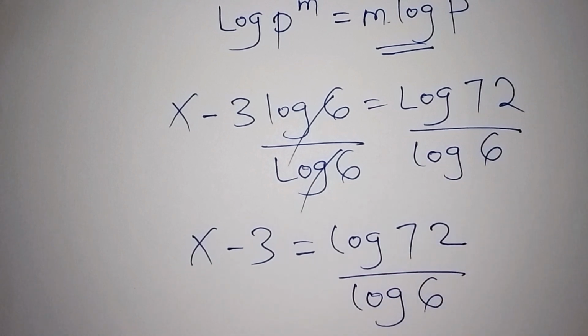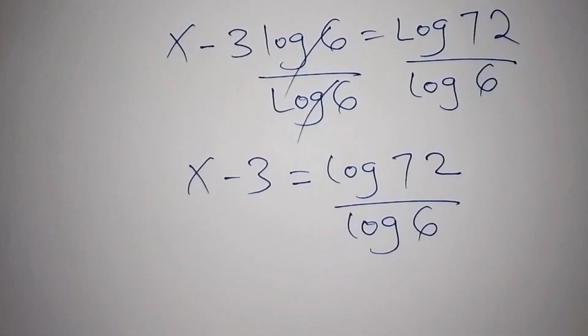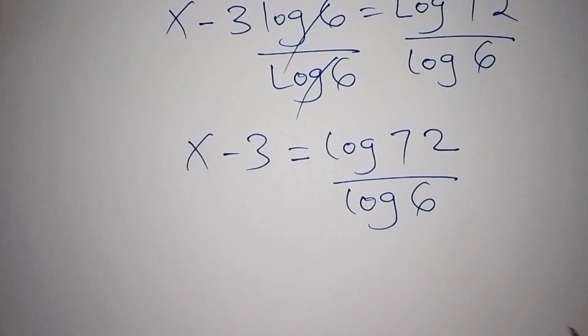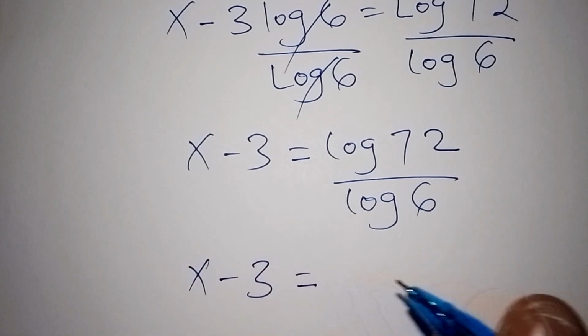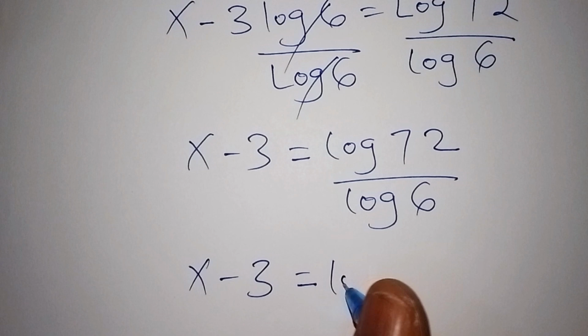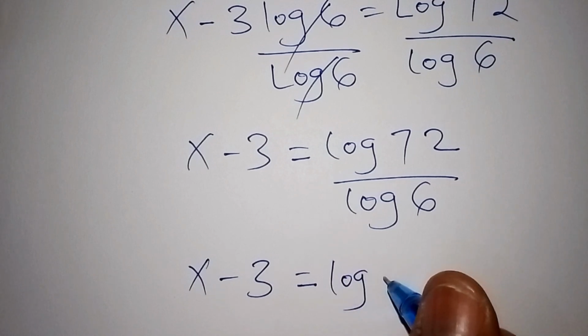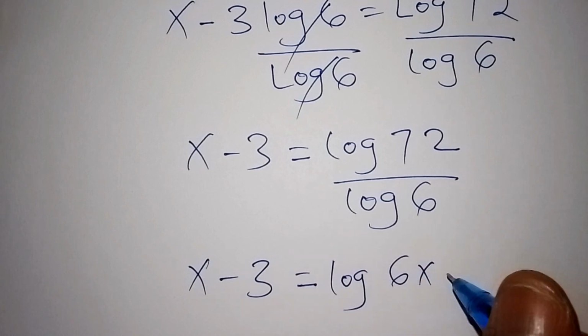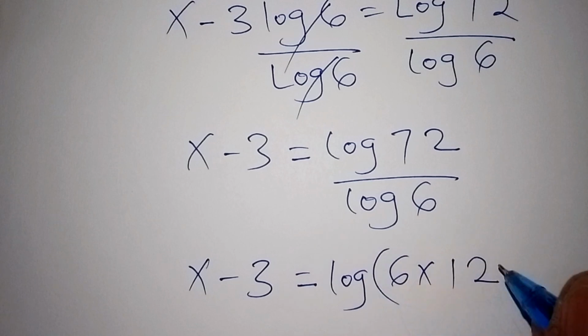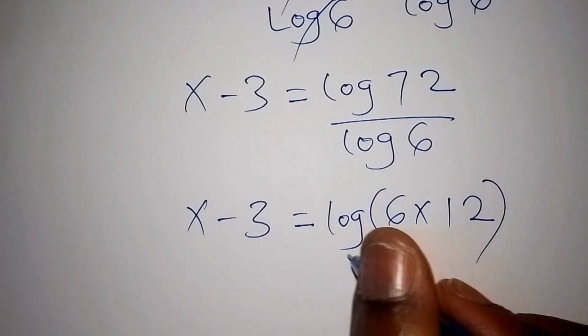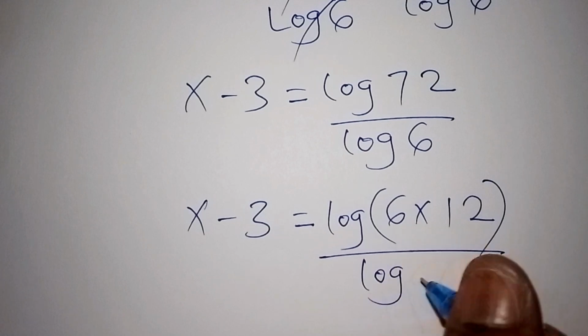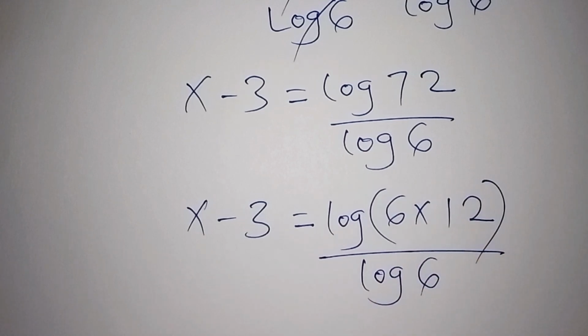So that is to mean that we can still express the log of 72 by working it out further. So here x minus 3 is equal to the log of 72, which can also be written as the log of 6 multiplied by 12, put into brackets, all over the log of 6.